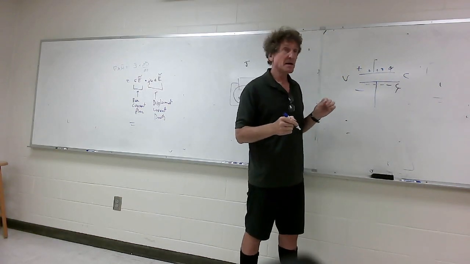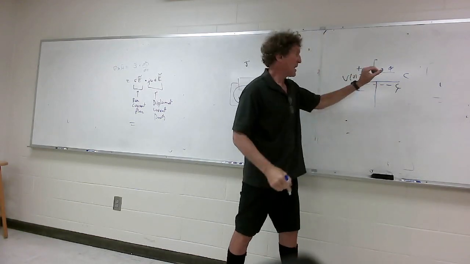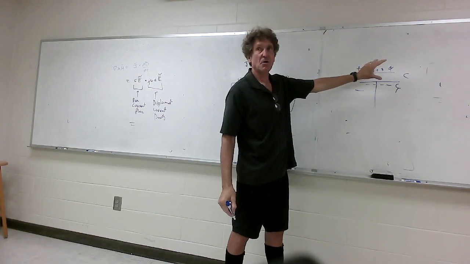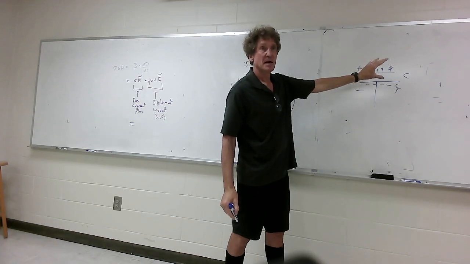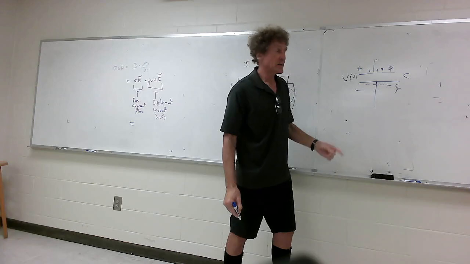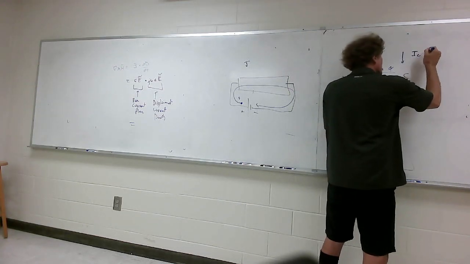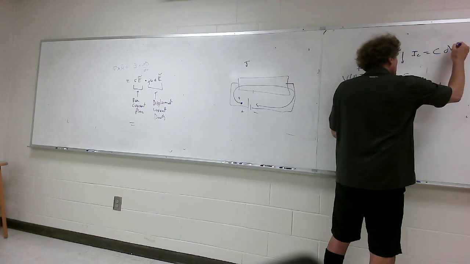And then, if this voltage was time varying, you would have a plus or minus charge buildup on the plates, and you would actually get current flow through that capacitor, which would be I equals C times dV/dt.